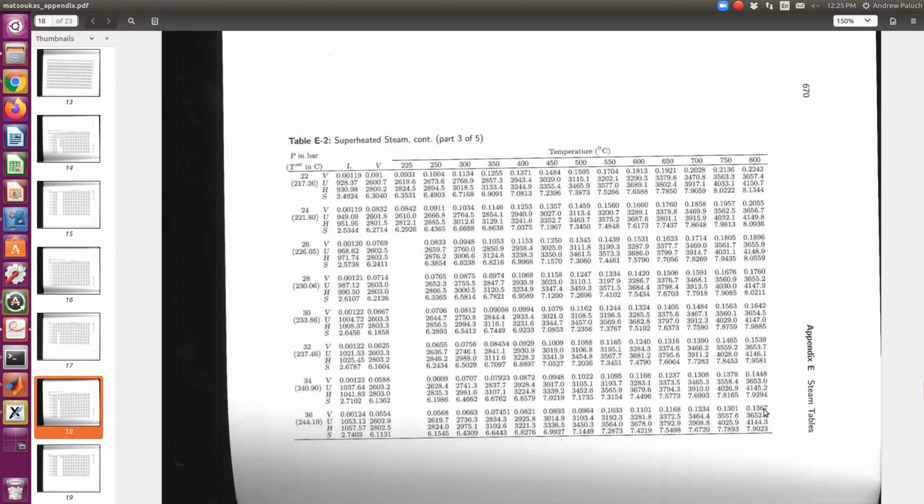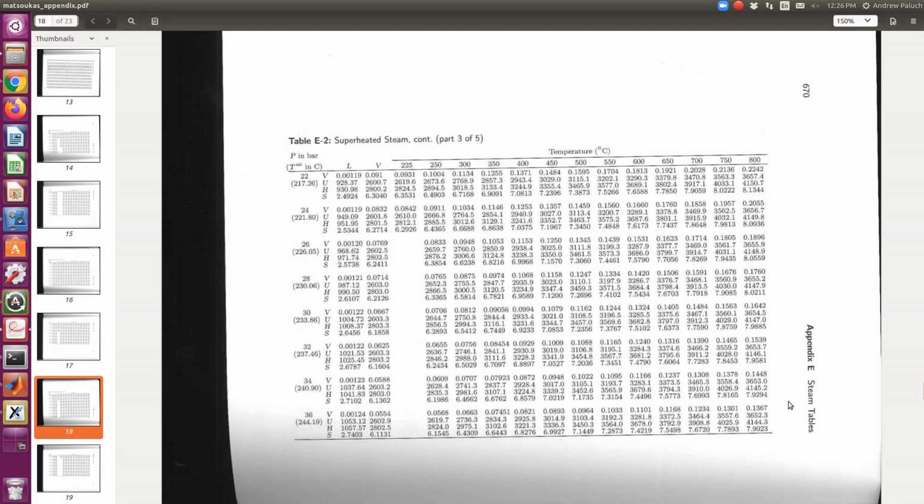Since we're pretty close to the volume here, I'm just going to take my temperature to be 800 degrees C. Ideally we would have one more column here, and then I would interpolate between those two points, but it looks like we won't be very far from 800.